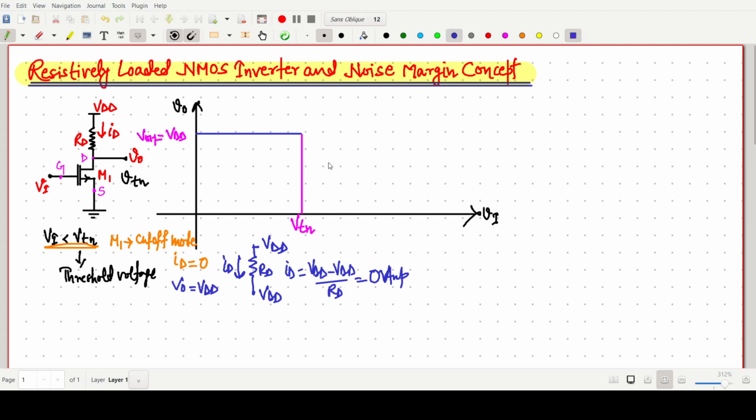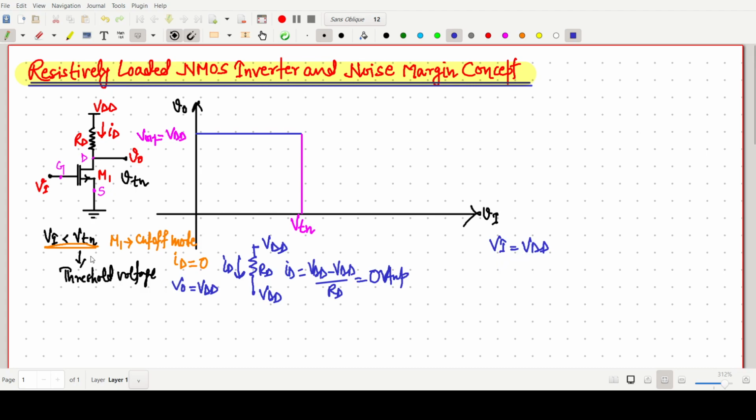After that, we consider the extreme condition when the input is very high, when we say Vi is VDD.